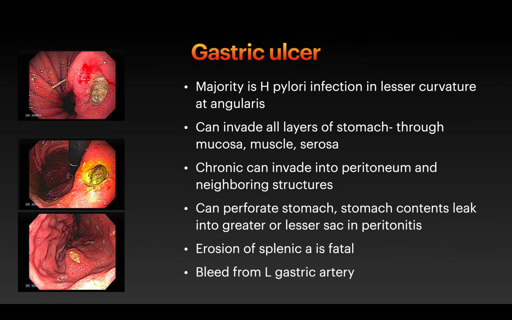So the majority of gastric ulcer causes is an H. pylori infection, and that is usually in the lesser curvature at the angularis, so at that notch. Why there? It's because a lot of the alkaline secretion occurs, and that makes a nicer environment for the Helicobacter pylori.